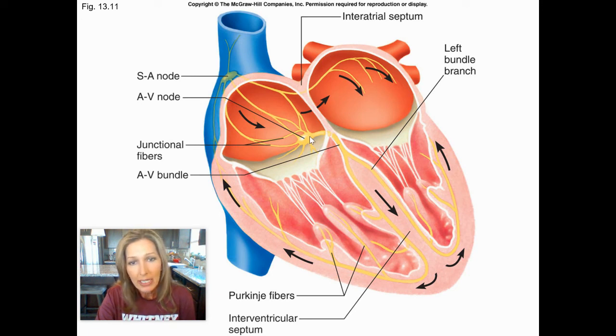Then that relays the signal to this AV node, and the AV node's job is now to send the signal through these Purkinje fibers, so down this septum, this middle of the right and the left side, and it's actually going to force this contraction of the heart from the ventricles bottom up in order to now push that blood up and out through the arteries.